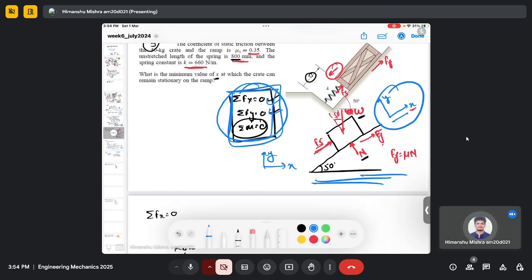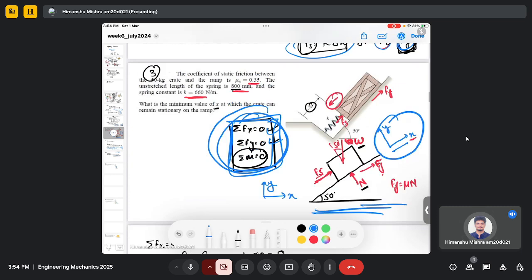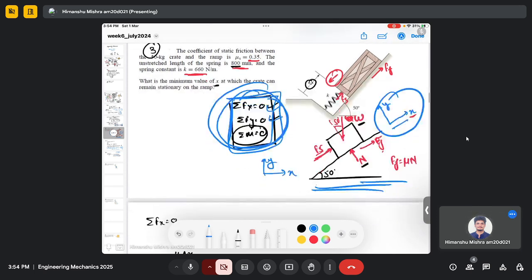After that, use these equations. So most of the things can be calculated by these three equations alone. Any doubt in this question? So we can move to the next one.